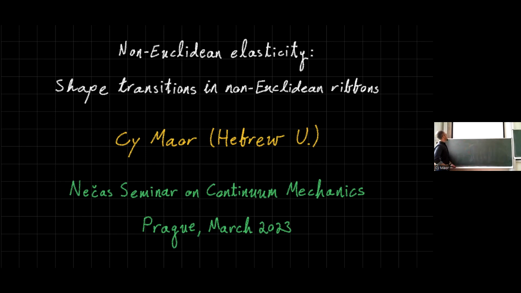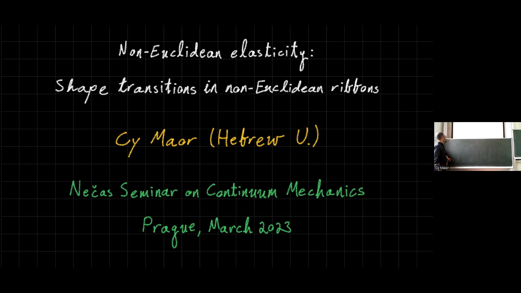As Martin said, I'll talk about part of elasticity theory known as non-Euclidean elasticity that deals with the mechanics of bodies that are pre-stressed, in the sense that they don't have a reference configuration, they don't have a zero stretching mode, if you like.